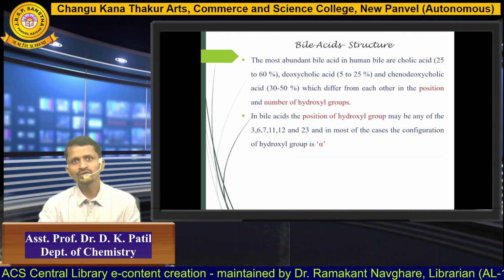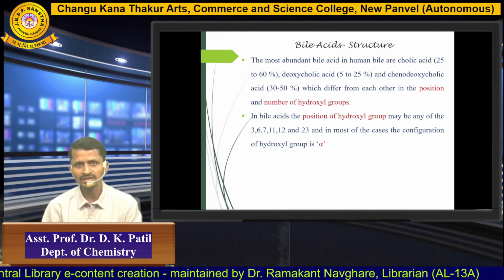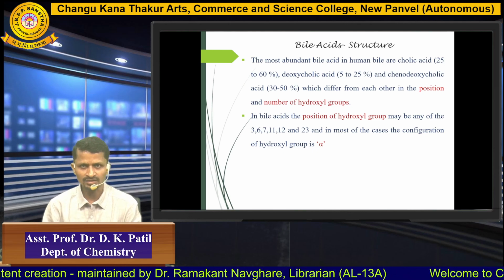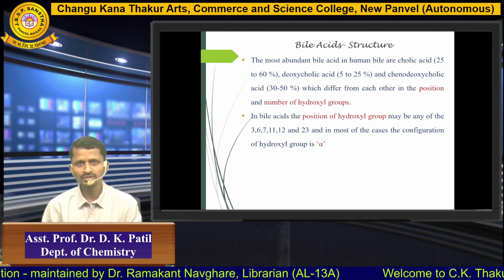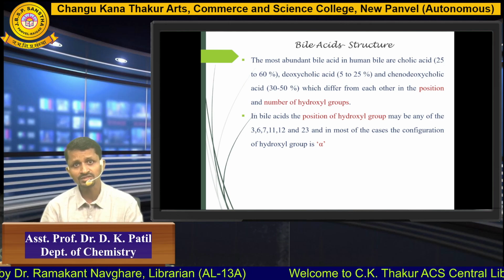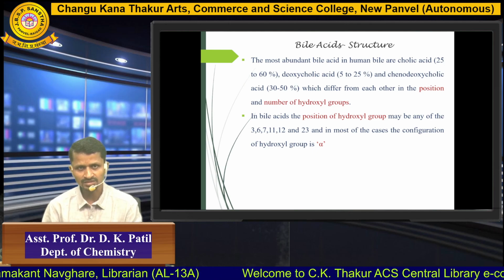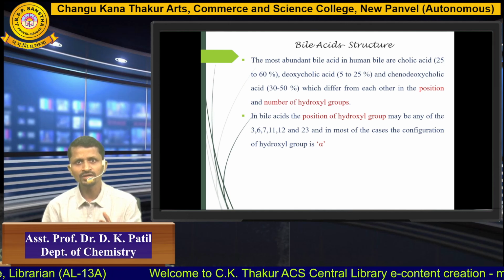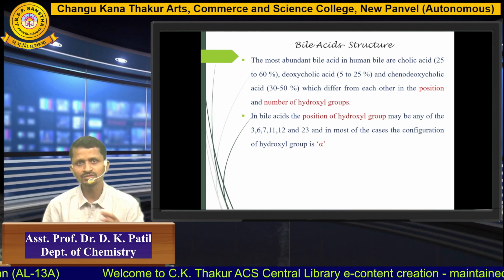If you look at the structure of bile acid, it is abundantly found in human bile, and the main component is cholic acid, which is present at about 25 to 60% of the bile acids. Deoxycholic acid is 5 to 25%, and chenodeoxycholic acid is about 30 to 50%.